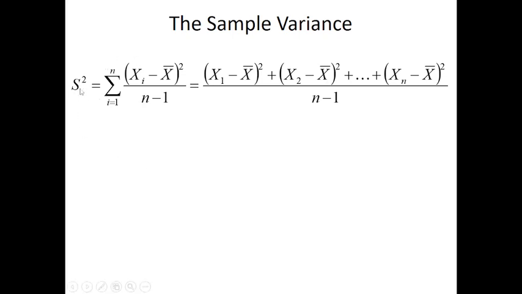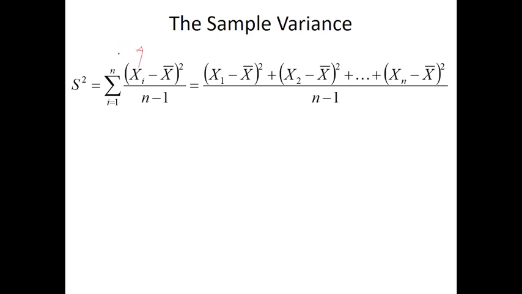So we proceed. S squared is equal to the summation of x sub i minus x bar, squared, all over n minus 1. This is the notation for variance; we use S squared. And x sub i is your observation, the value of the observation.